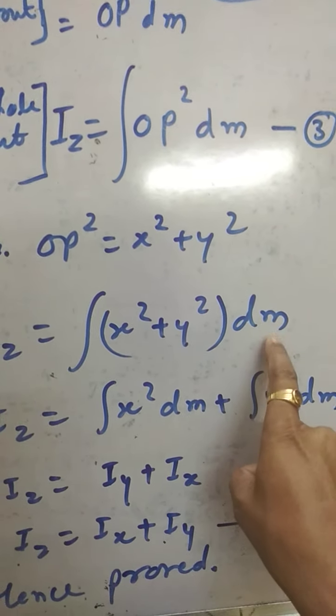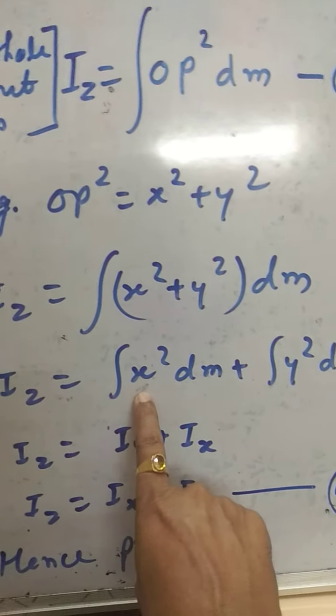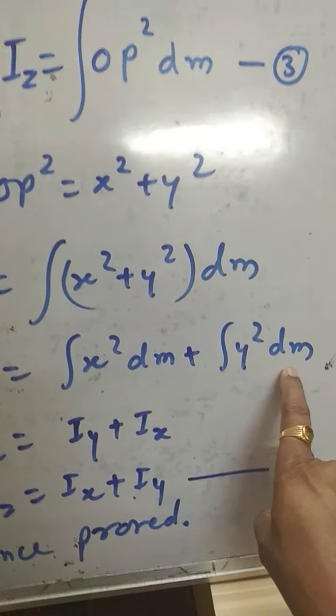So therefore OP square is equal to x square plus y square. So put this value in equation 3 in place of OP square. Therefore Iz is equal to integration of x square plus y square into dm. Now multiply this dm in both terms. So therefore integration of x square into dm plus integration of y square into dm.